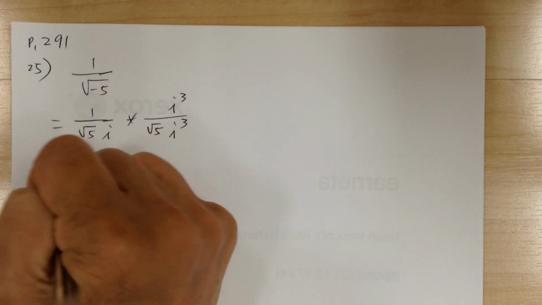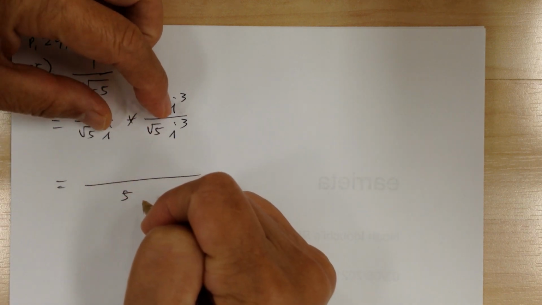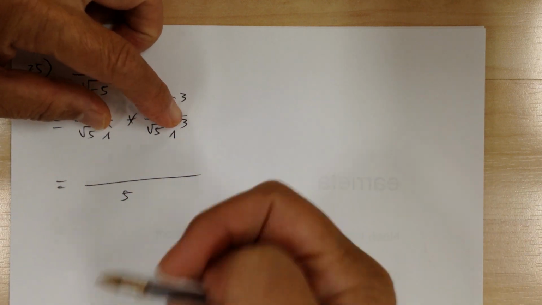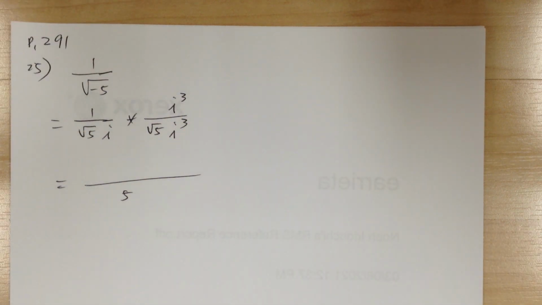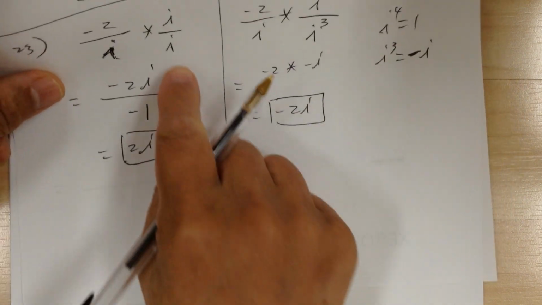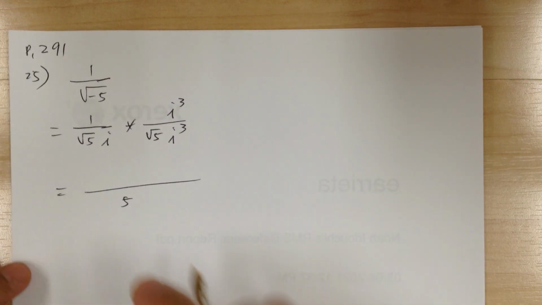And so now this will give me a 5. i times i cubed is i to the 4, which is equal to 1, so I don't have to do anything to it. That's the reason I multiply by that. Plus, when you multiply by i, you get -1, and a lot of the time people forget a negative and end up making careless mistakes.